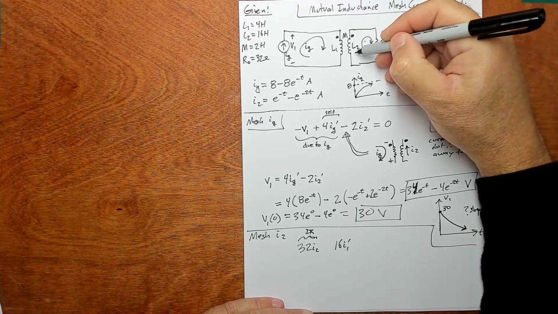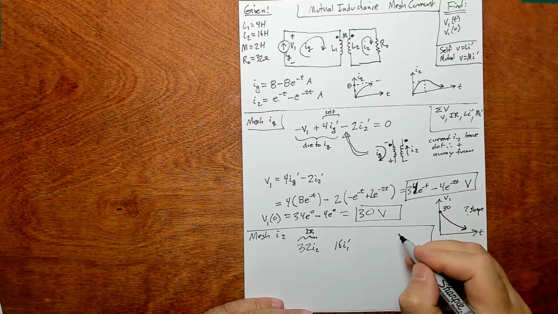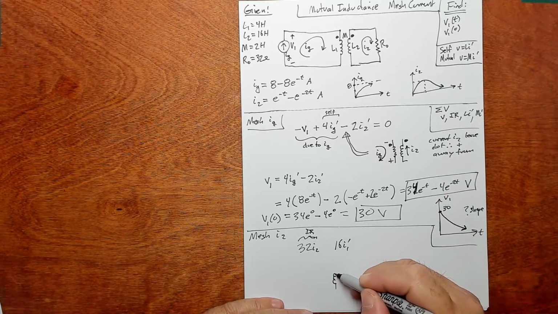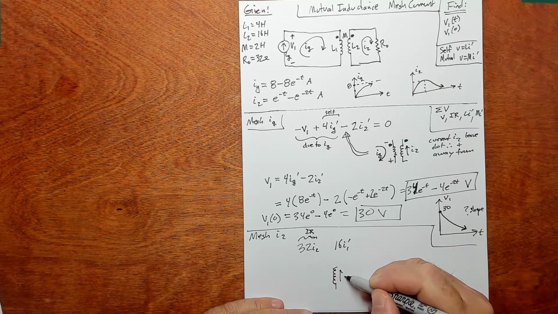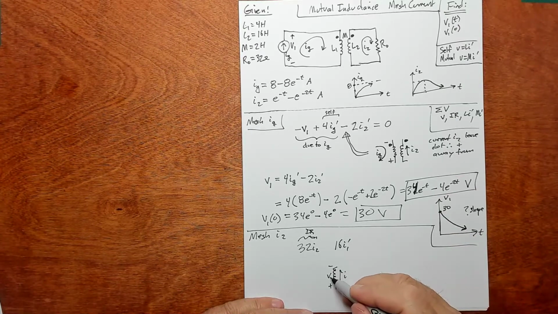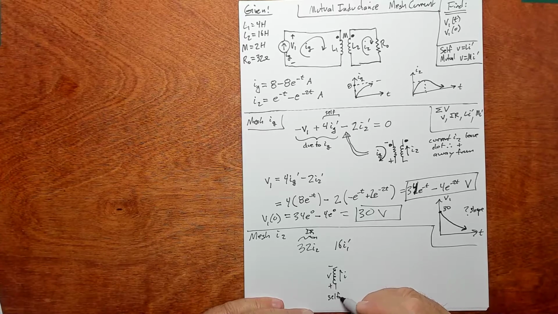is, well, I can make a little picture. We have I and we have V, because that's just self-inductance. The voltage is going to be at the current coming in.